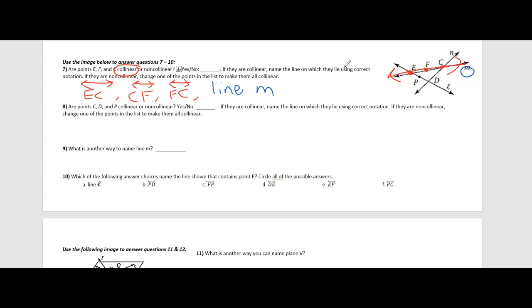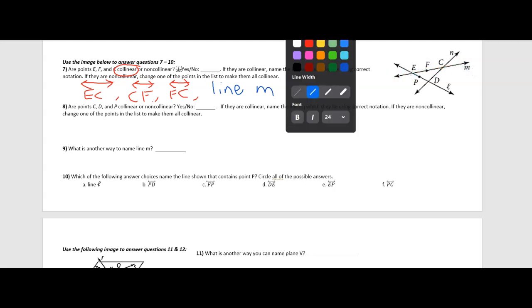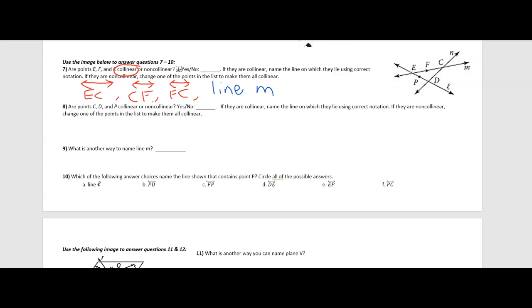Next question is, are points C, D, and P collinear or non-collinear? So let's erase those and highlight the other three. C, D, and P. So they are non-collinear. You cannot draw a line between all of them. And if they're non-collinear, we need to change one of the points in the list to make them all collinear.